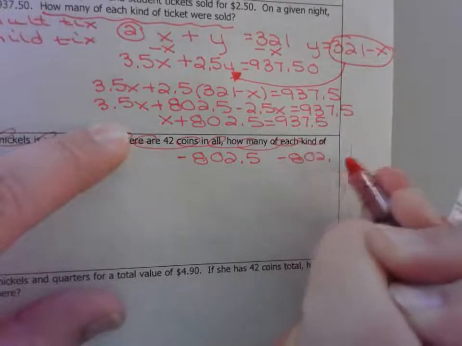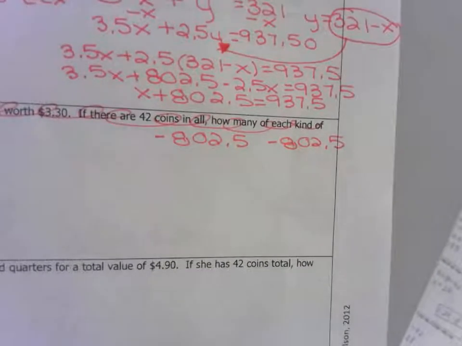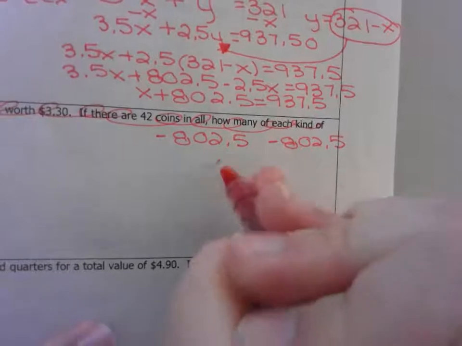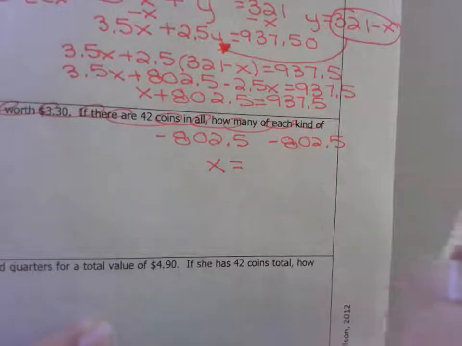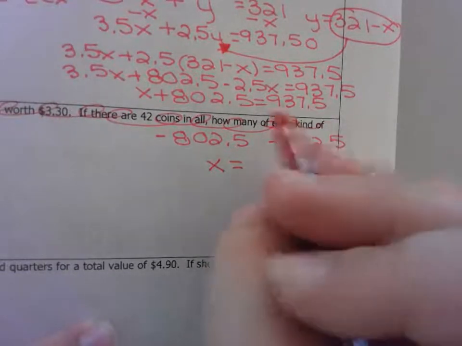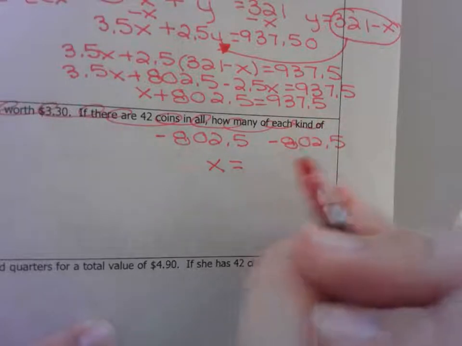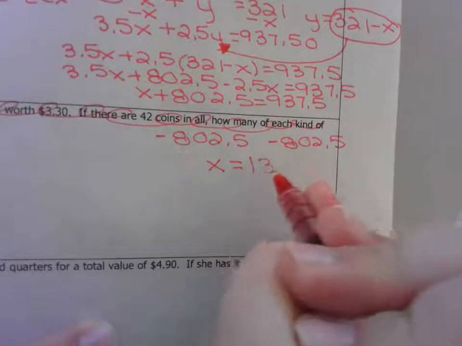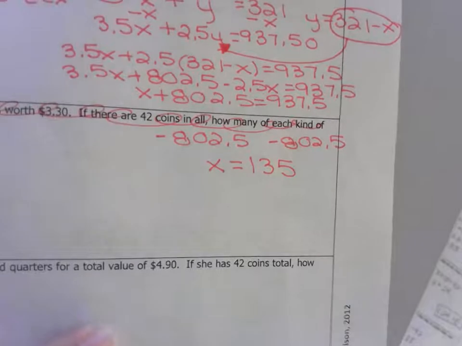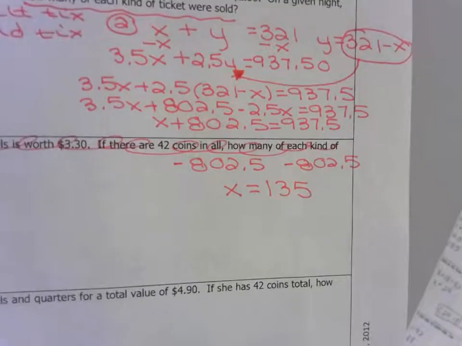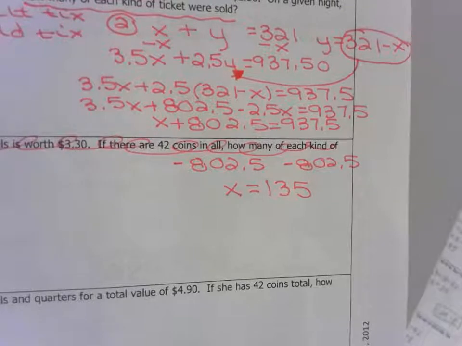So even though your numbers are weird, it's the same as a normal equation. You guys can still do this stuff, even though your numbers are weird. So subtract 802.5. So x equals 135. 937.5 minus 802.5 is 135. Okay? It's the same process we've done before, just with weirder numbers. Decimals, big numbers. You guys can do this stuff.